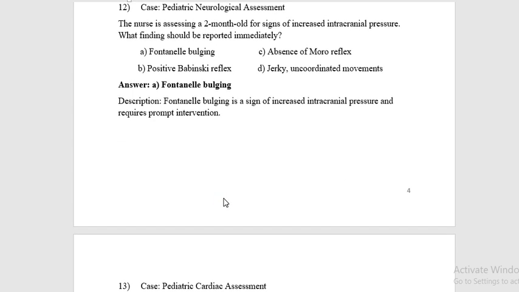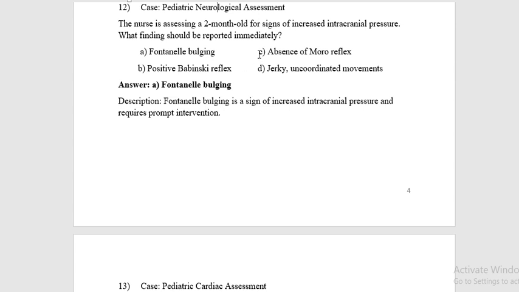Question number 12. Case: pediatric neurological assessment. The nurse is assessing a 2-month-old for signs of increased intracranial pressure. What findings should be reported immediately? A, fontanelle bulging. B, positive Babinski reflex.